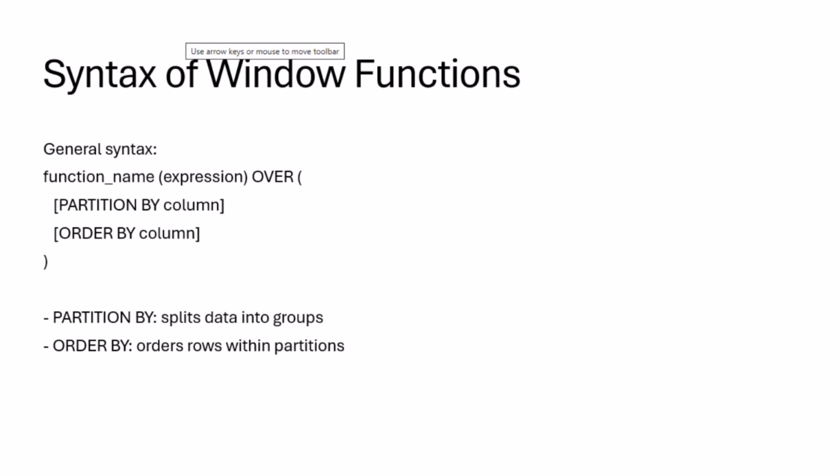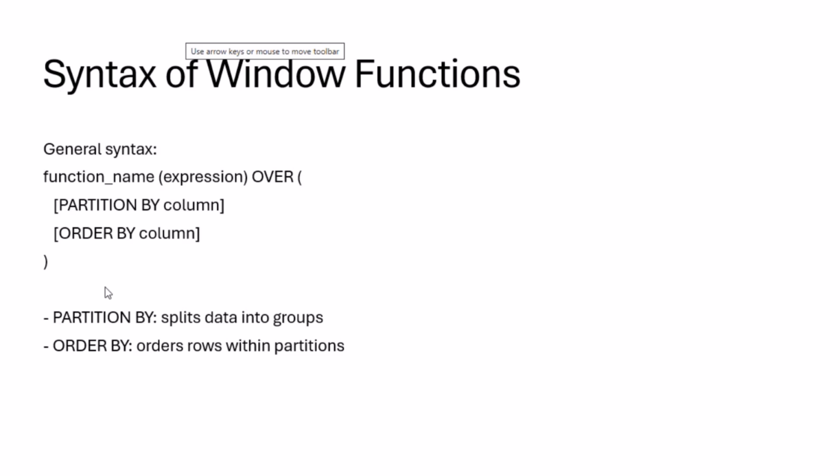So if you ORDER BY, that means you want to arrange the rows within the partition. Let's say you want to arrange those employees according to their salaries, so you want to see those who earn more in each department. You can arrange in descending order, starting from the highest to the lowest.